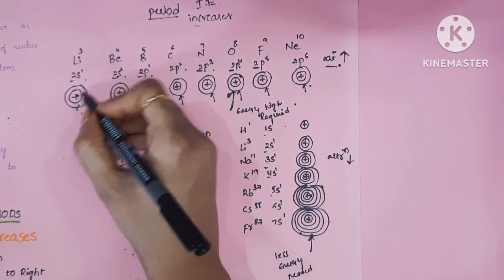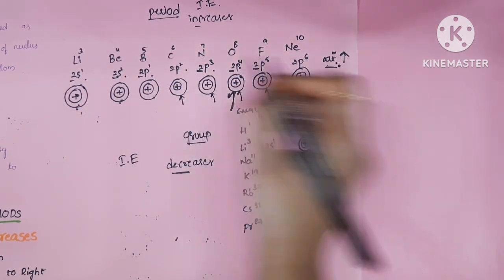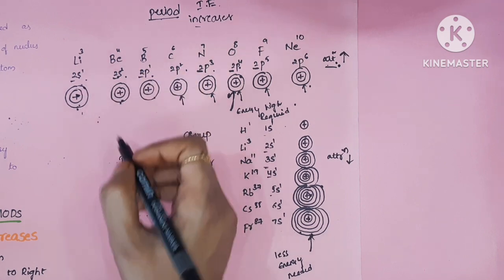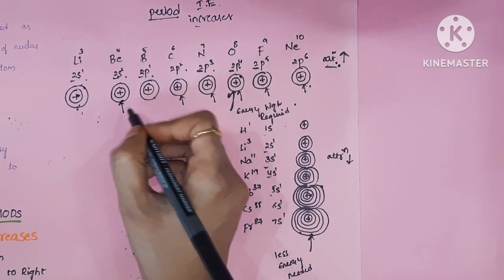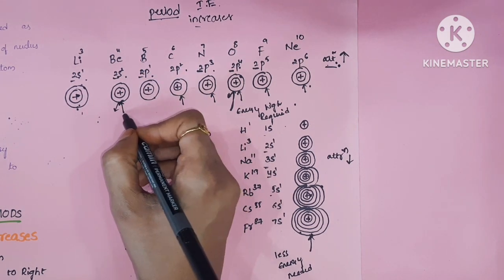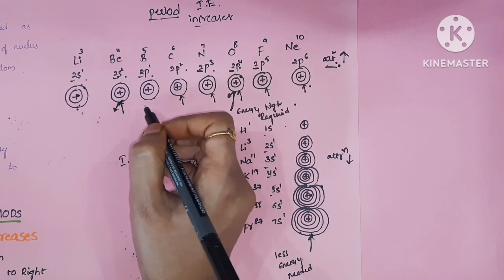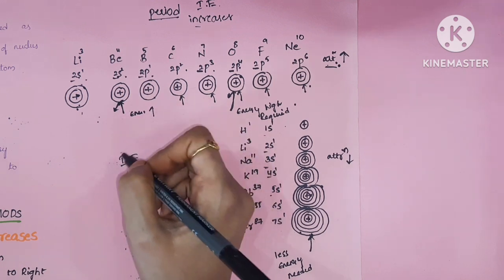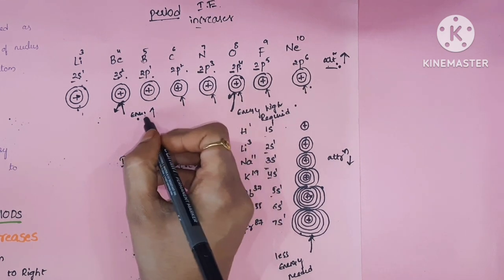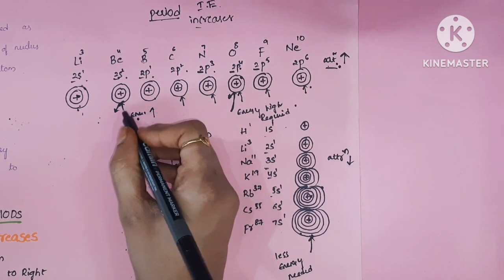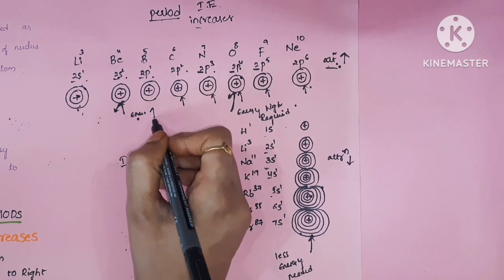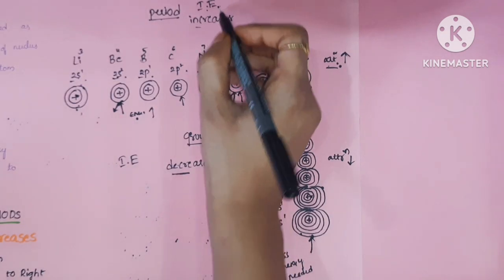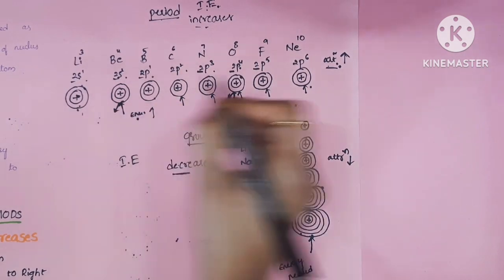So we can't remove the electron from it, and high energy is required. That's why ionization enthalpy increases from left to right.